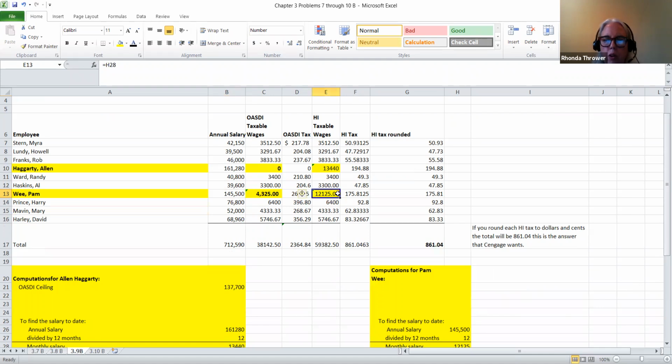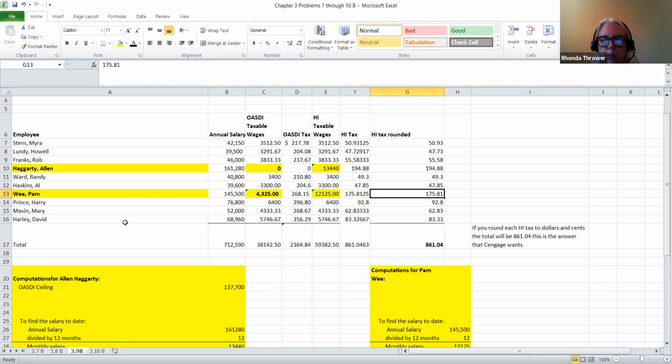So his earnings for the month, $12,125, are subject to the HI tax of 1.45%. So we would multiply the taxable wages for HI times 0.0145, and that will give us $175.81, rounded.